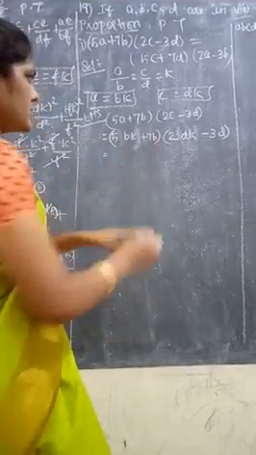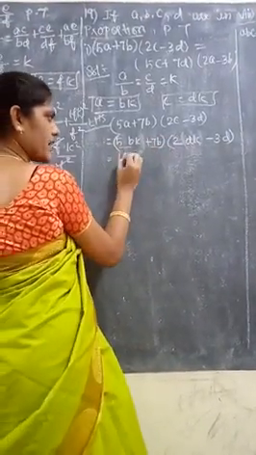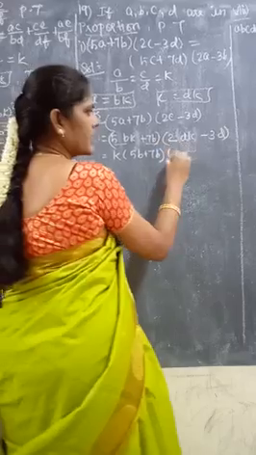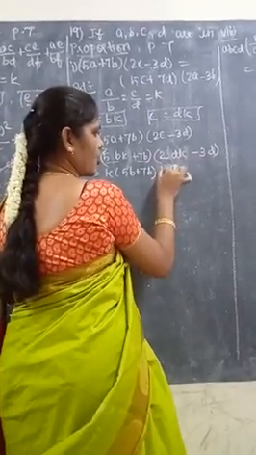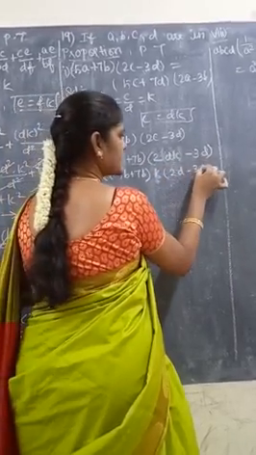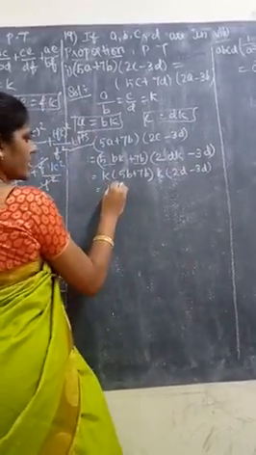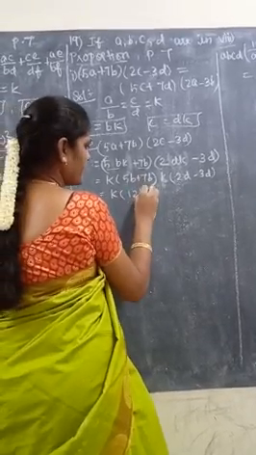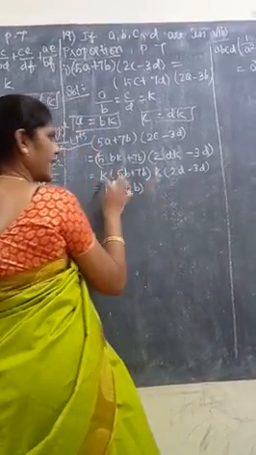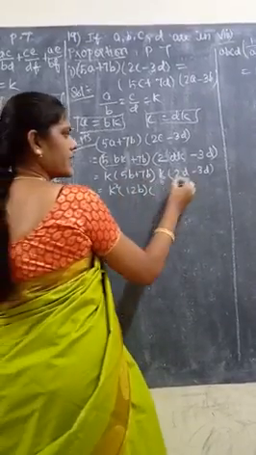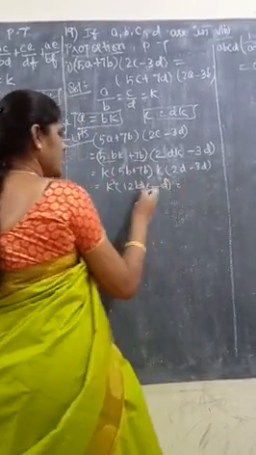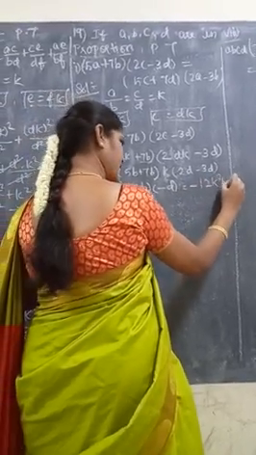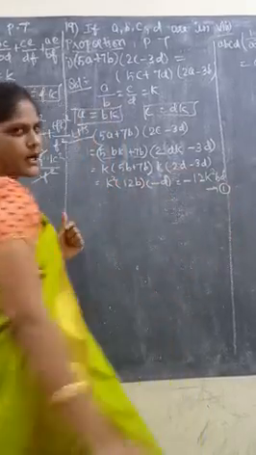Here these both have B, so take B as common. Remaining 5K plus 7. Here also take D as common. Remaining 2K minus 3. So 5K plus 7, and 2K minus 3, B into D. Here K into K, K square. So 12 K square BD minus... take this as equation number 1.